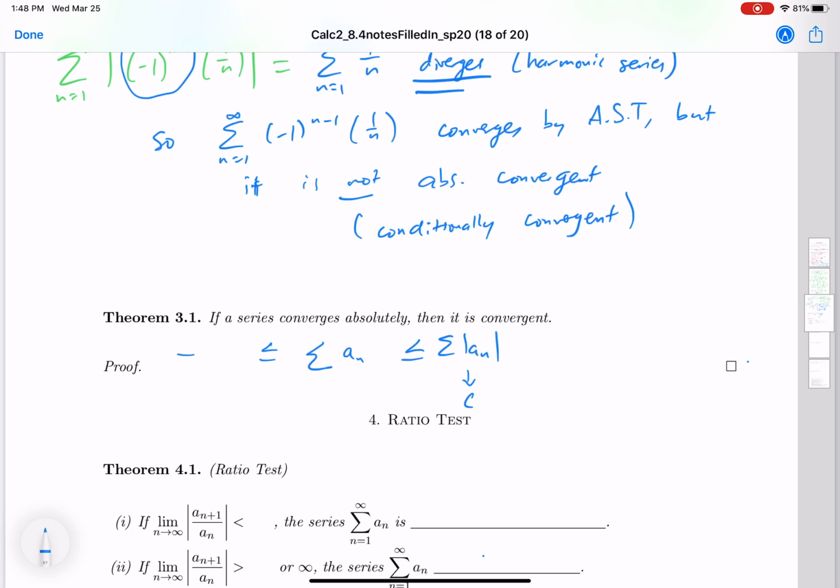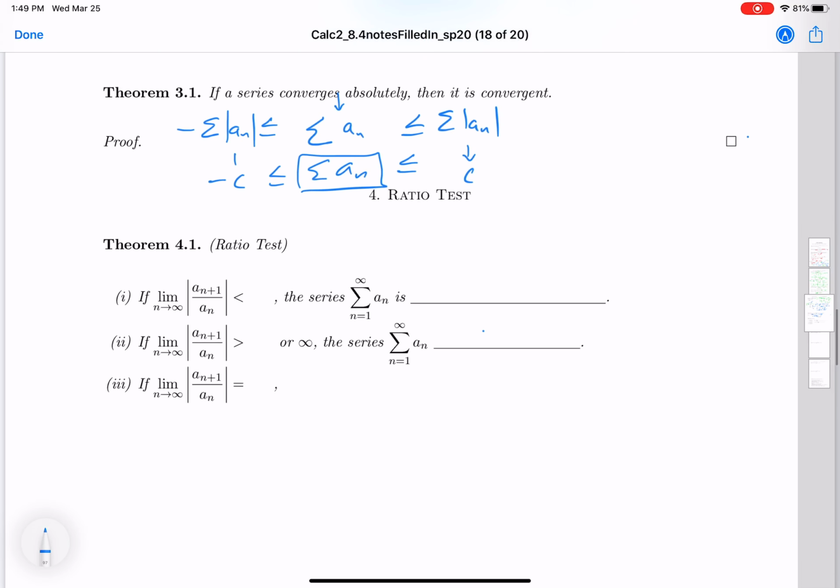And the actual series is going to be greater than what I get if I took the negative of the absolute values, which is negative c. So this means that my series that converges absolutely is definitely going to be bounded. I would need to prove something more. I would need to show that it's monotone in order to say for certain that it converges. But that at least should give you a justification to believe why it is in fact convergent.